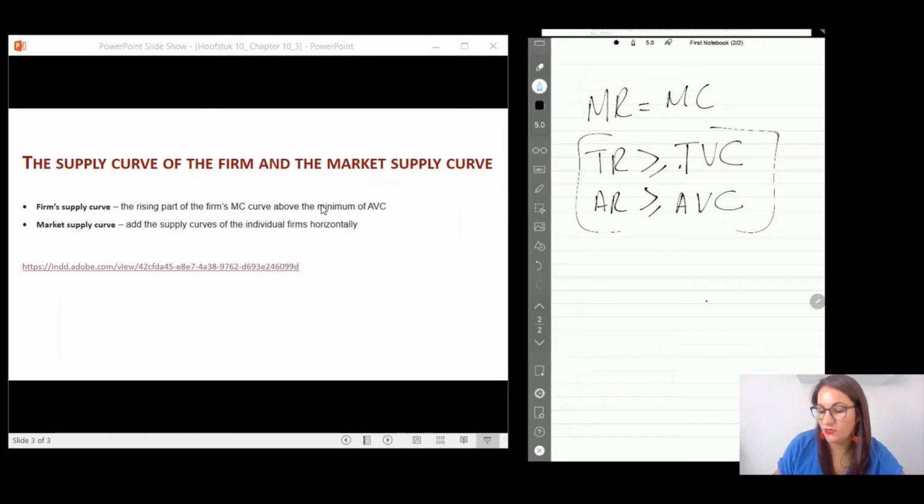This is what we call your shutdown rule. If this occurs, you can start producing. Everything below this point, you need to shut down. So let's look at the graph.